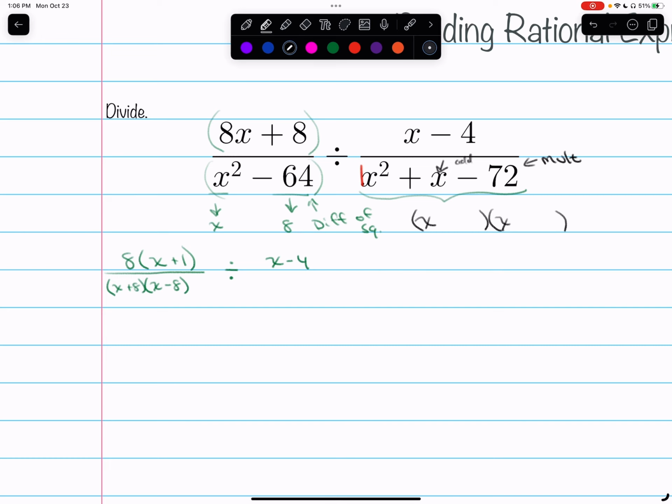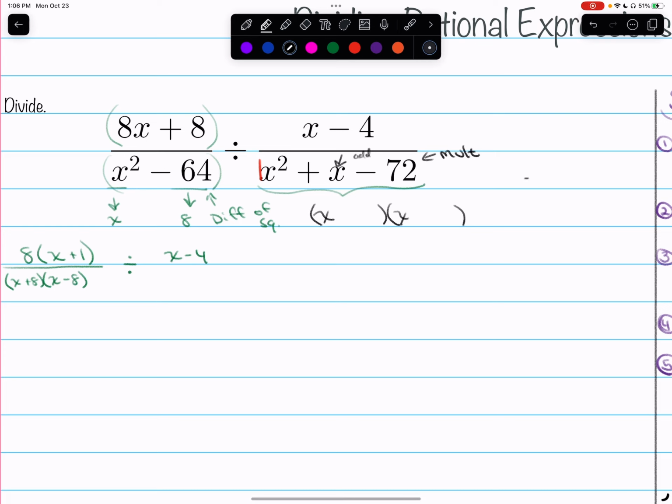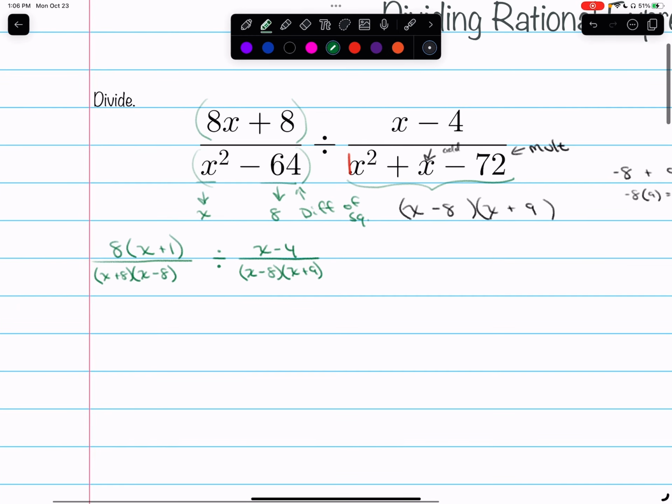Okay, so if we think about that, that's going to be a negative 8 and a positive 9. Negative 8 plus 9, that's 1. And then negative 8 times 9, that equals our negative 72. So we got the numbers we want. Okay, so it's just going to be x minus 8, x plus 9. Okay, so for our denominator of that question, we have x minus 8, x plus 9.